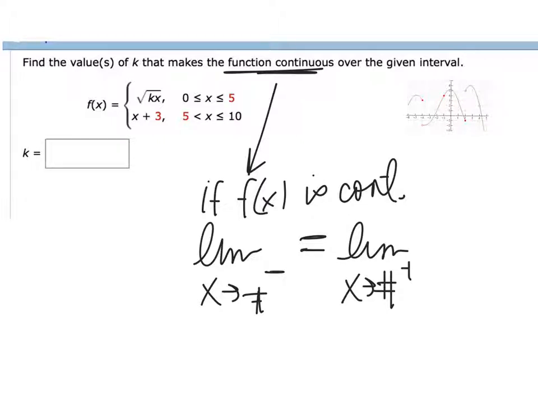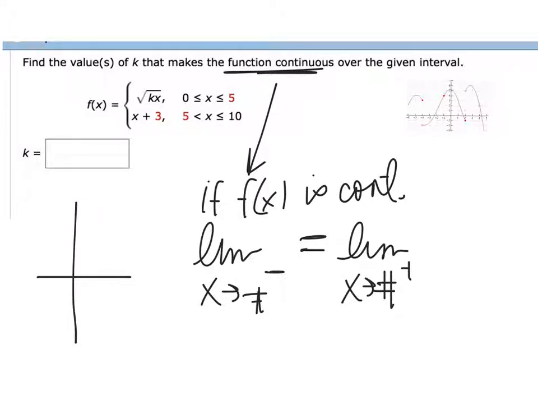So f of x is equal to the square root of kx when x is between 0 and 5, and f of x is equal to x plus 3 when x is between 5 and 10. So this 5 is the breaking point. This graph could be continuous or it could be discontinuous.